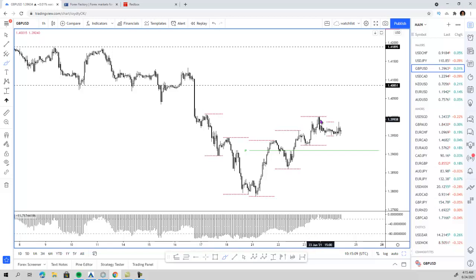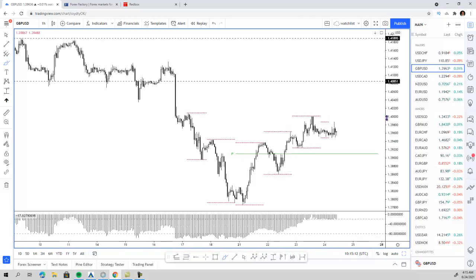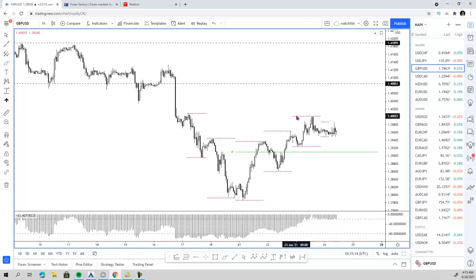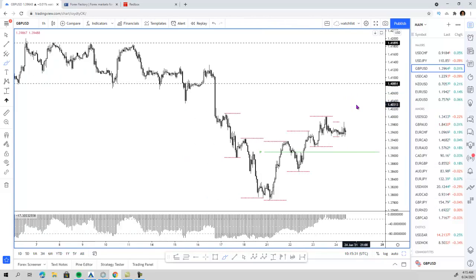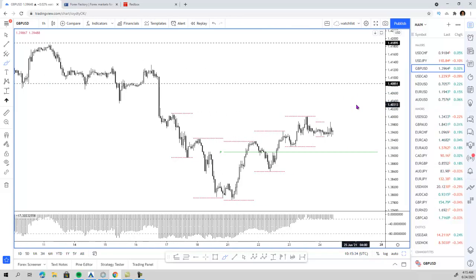Now, the way that I see it is that it depends on what the monetary policy statement says, right? We might get an initial drop to yesterday's lows, or the weekly pivot, this area right here, where we might pick up buyers on the pound. This is the pound versus the US dollar, right? But again, the initial drop might be because they are going to continue with the pace of this round of quantitative easing.